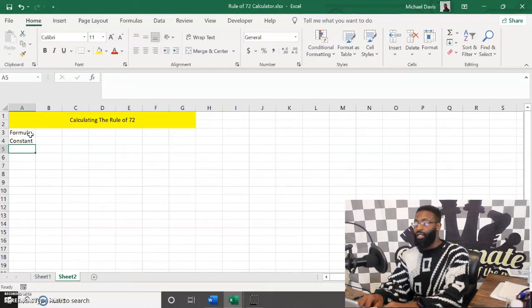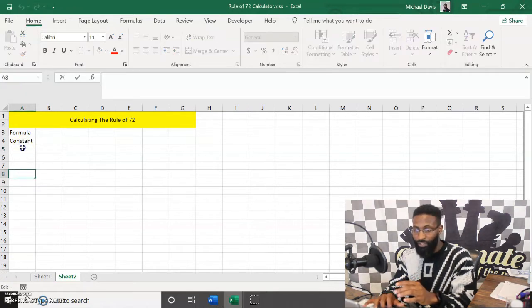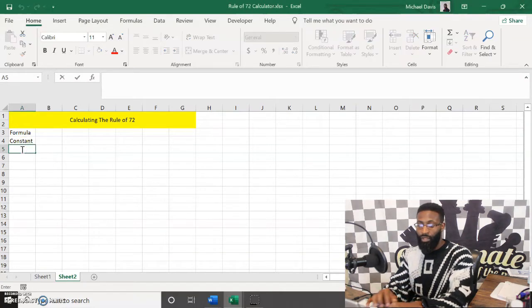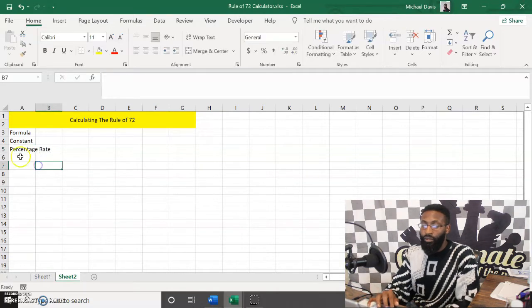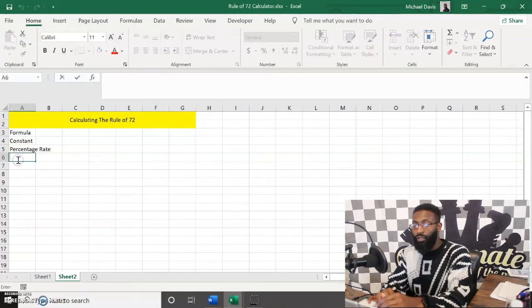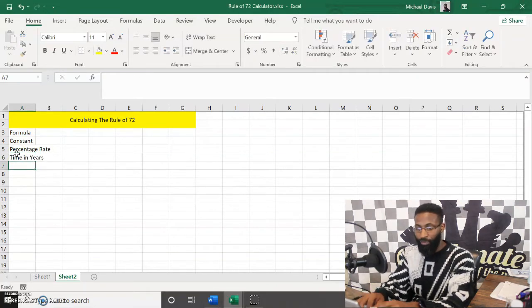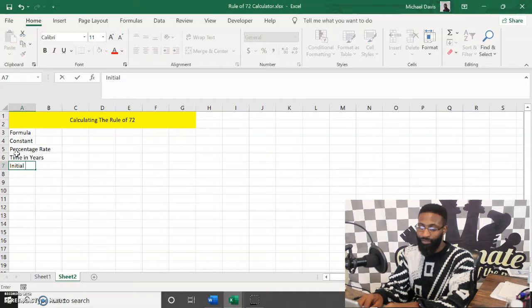And then we're going to need the percentage rate. If my computer will work with me, we're going to get time, and it's going to be in years. I need to make that very important: in years. This is usually calculated in years. An initial investment.